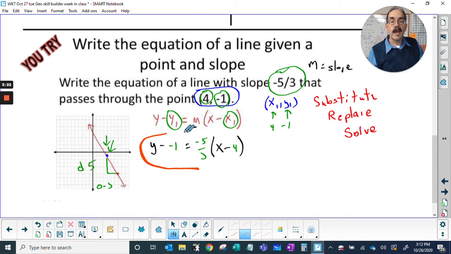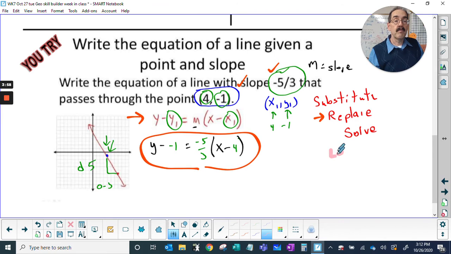We rewrote the equation of a line. When we rewrote it, we substituted in the values we were given, the slope and that point. So we replaced as we rewrote. In time, we'll learn to solve. We will learn this in time.